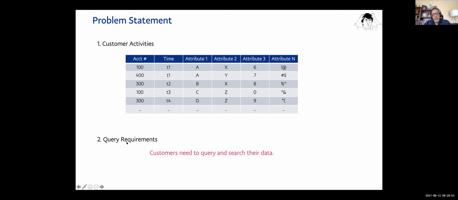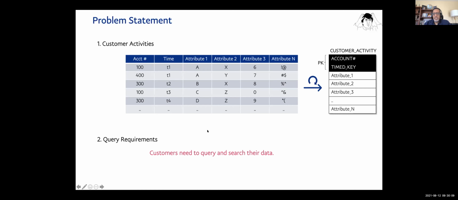Now we need to be able to query this, right? A customer might say, I did something on a particular day, or I don't know the day, but I did an activity Y. Fetch this out of the database for me. So the customer needs to be able to query and search the data.